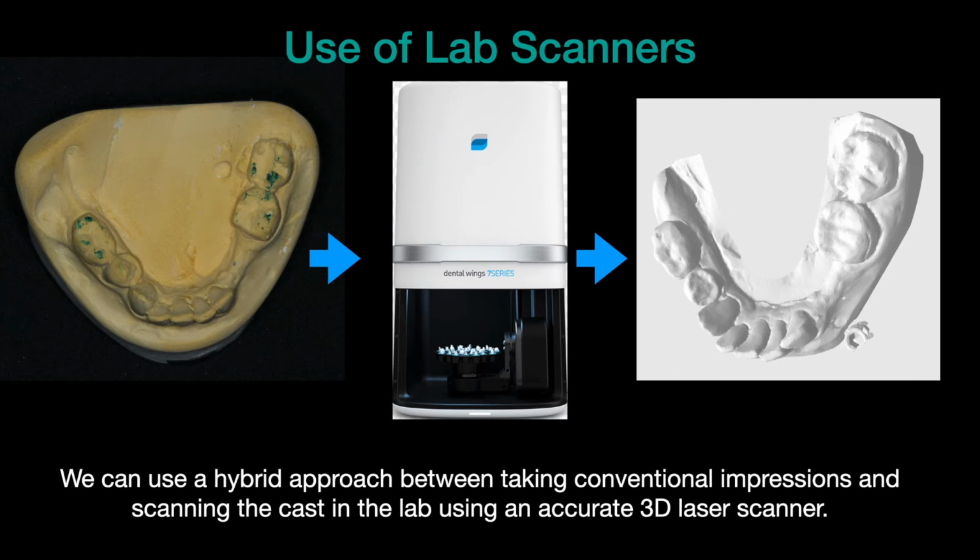Then we go to the lab and we scan that cast using our lab scanner, which is the Dental Wings lab scanner. We digitize the model or the cast, as you can see on the right side, and then we have an STL file or a digital file of the model.